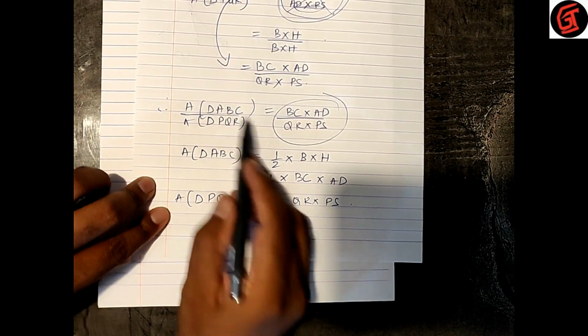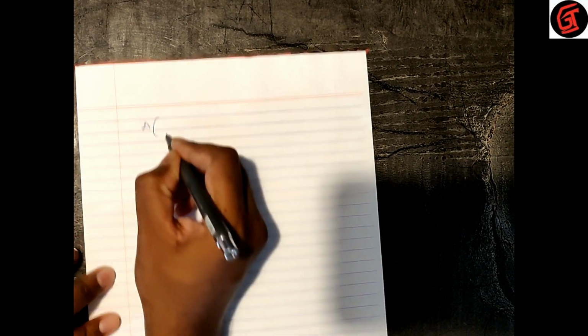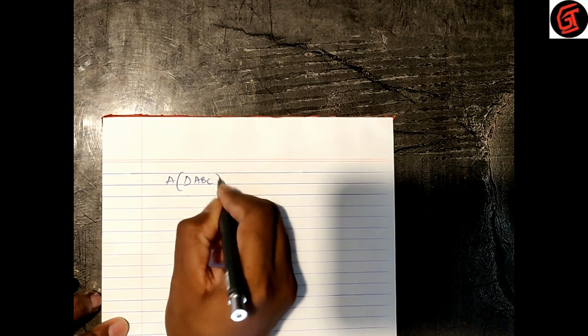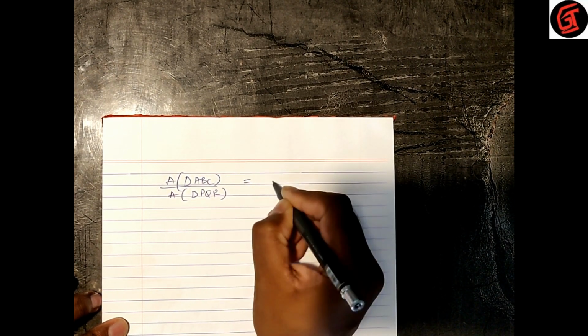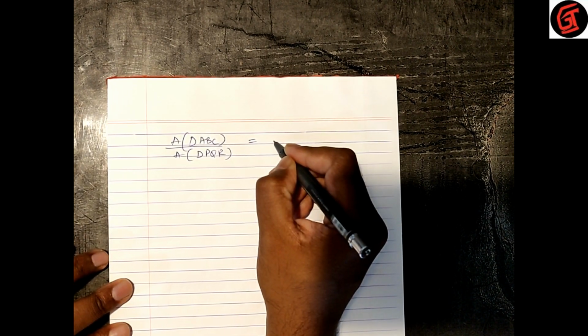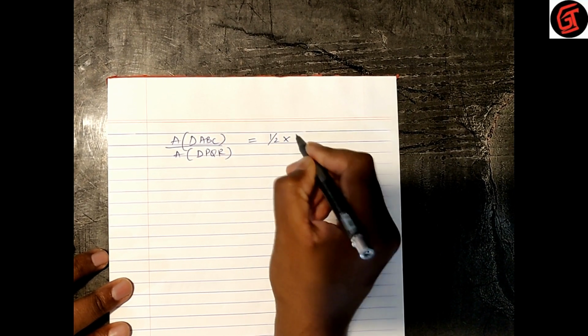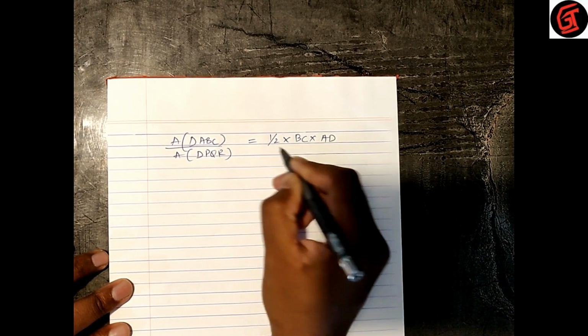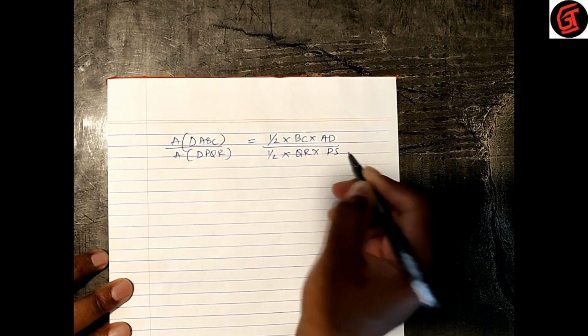So let's take a ratio of both these triangles. Area of triangle ABC upon area of triangle PQR is equal to half into BC into AD upon half into QR into PS.